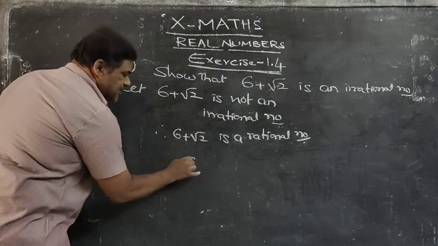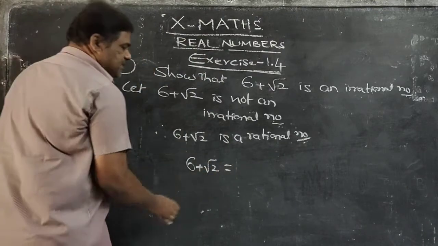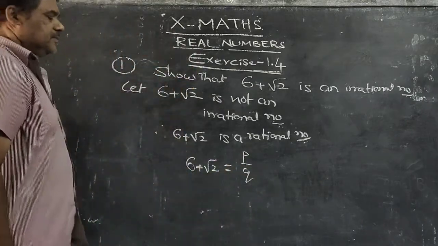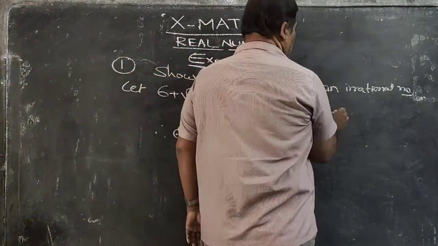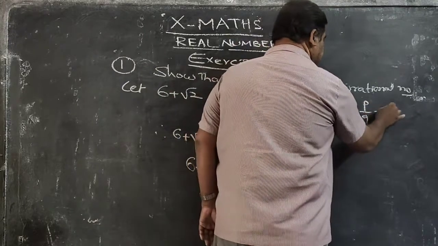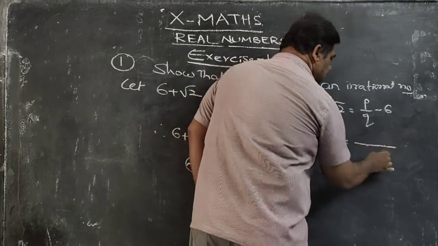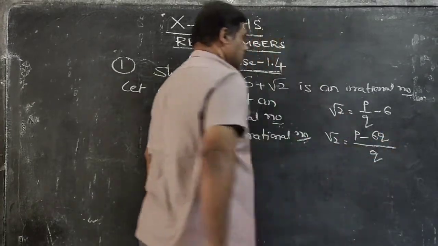Now every rational number can be written in P by Q form. So send 6 that side. Root 2 is equal to P by Q minus 6. So root 2 is equal to LCM is Q, that is P minus 6Q by Q.